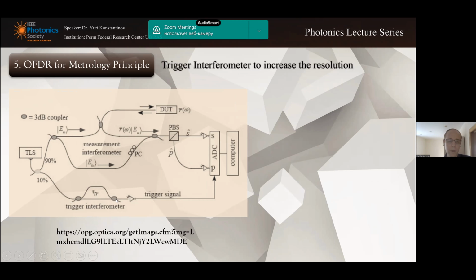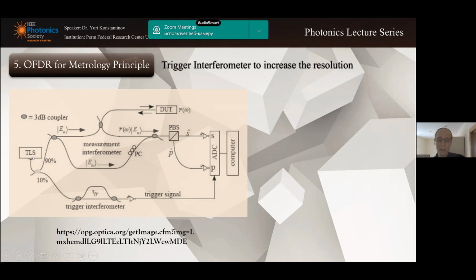Here we have the different arms of the interferometer. The first one has the shorter length, and the second one has the bigger length. It means that after traveling these arms, light will have the interference beating at a signal frequency, but only if the tunable laser source sweeps strictly linearly, right?